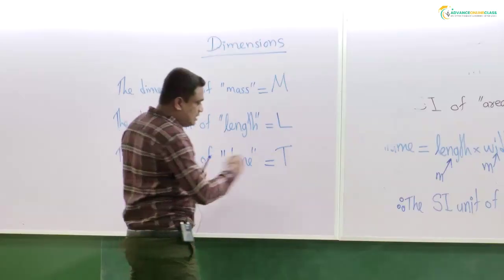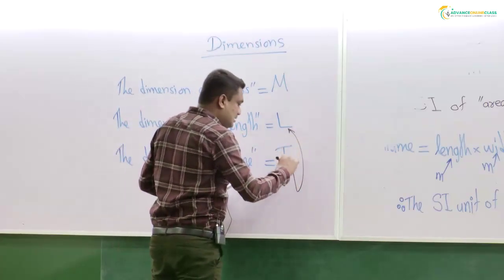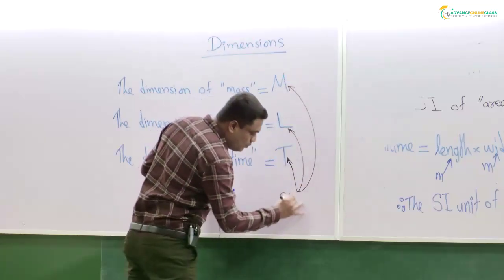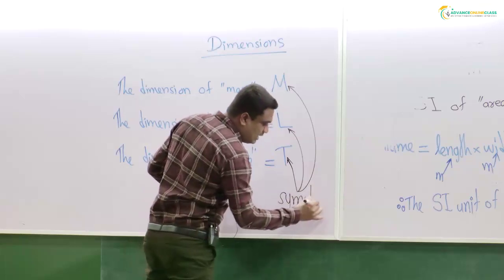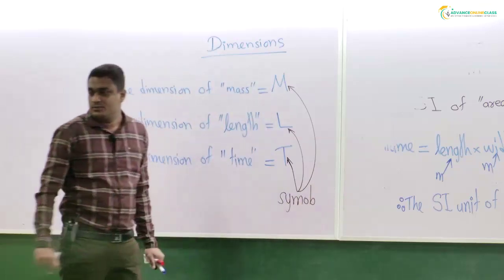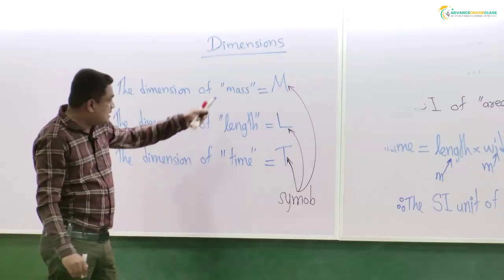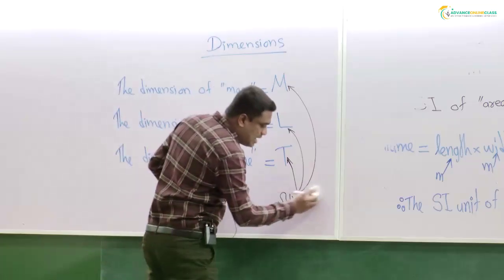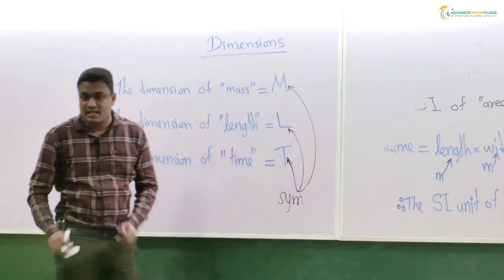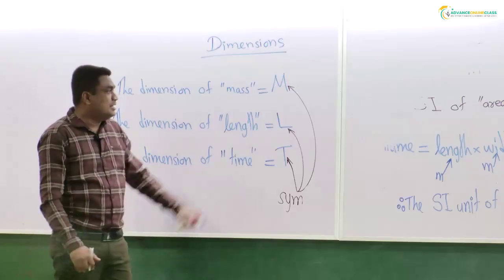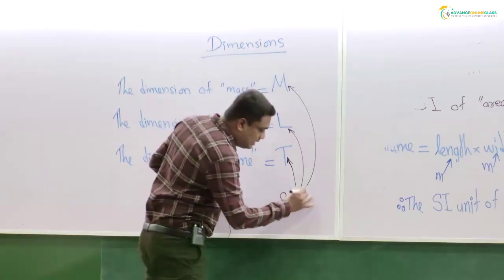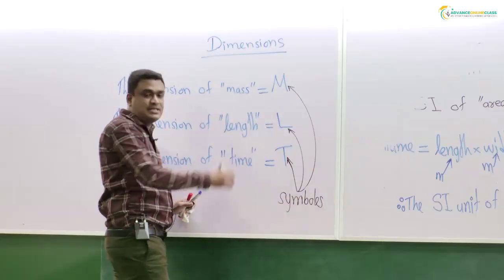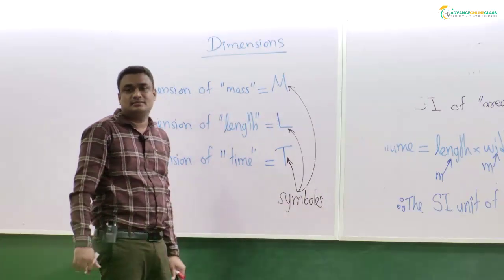Therefore, dimensions are symbols. And what do they do? They represent mass, length, time. What mass, length, time, dear? Physical quantities. So dimensions are some kind of symbols. They represent physical quantities.